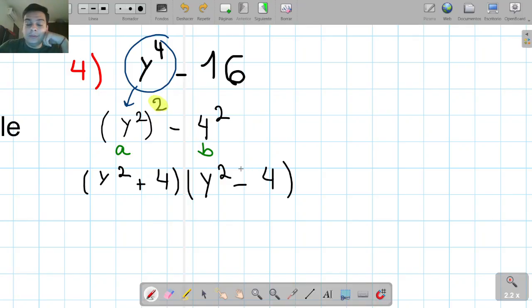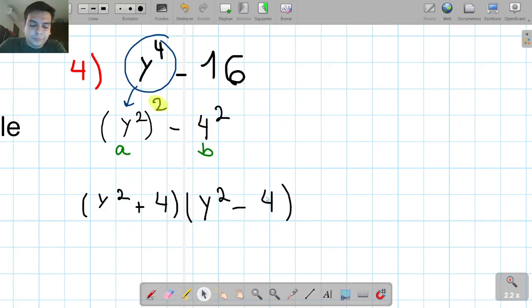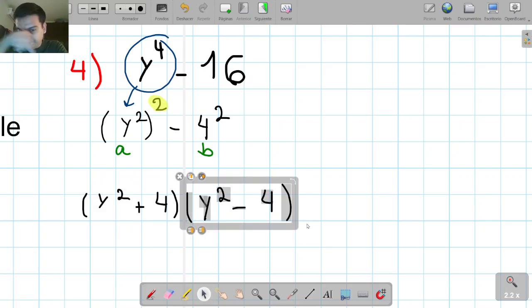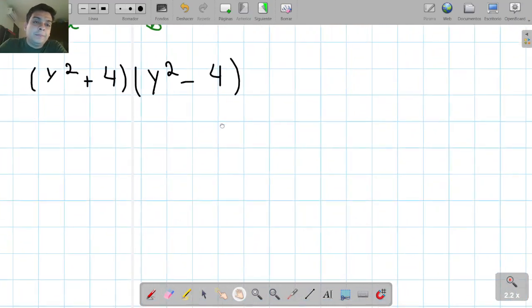In this part, you can see that we still have a square, and therefore we can obviously continue. So I need your attention, especially in this part, where we can continue doing the factorization.